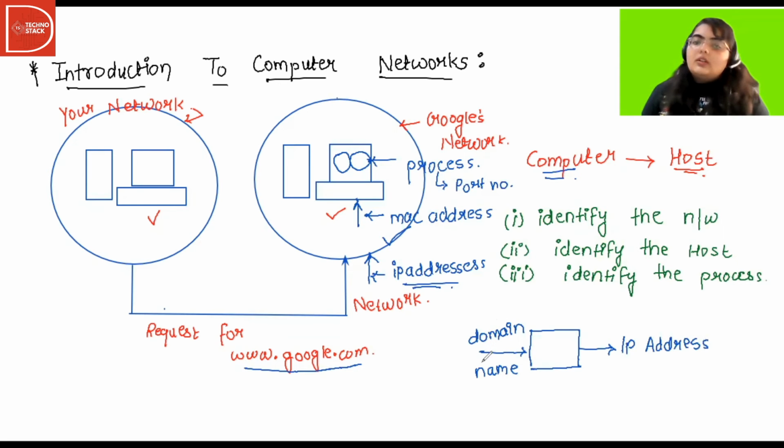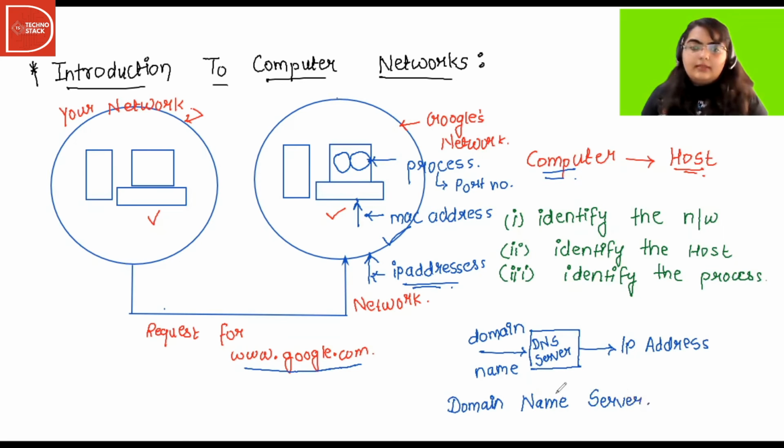To convert a domain name to an equivalent IP address, we need something called a DNS server. What's the full form of DNS? Domain name server. Domain name server, DNS server. So this is what I required, DNS server.